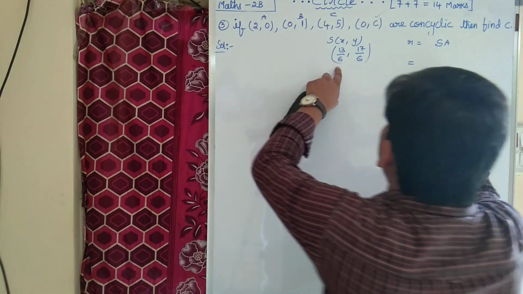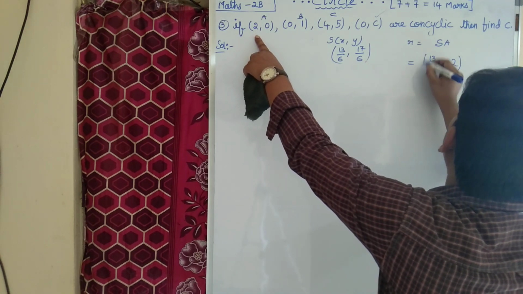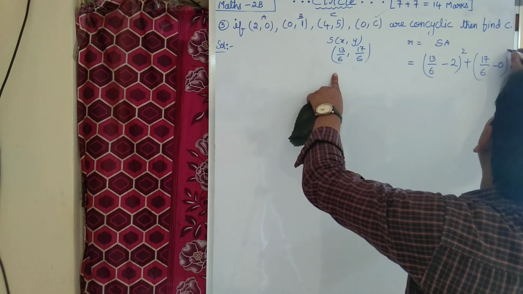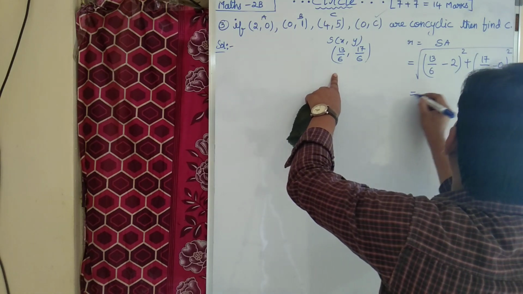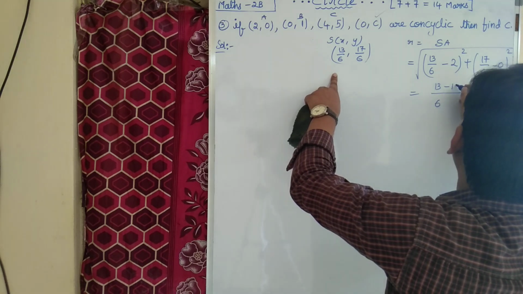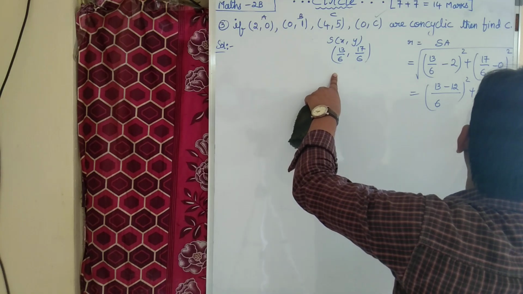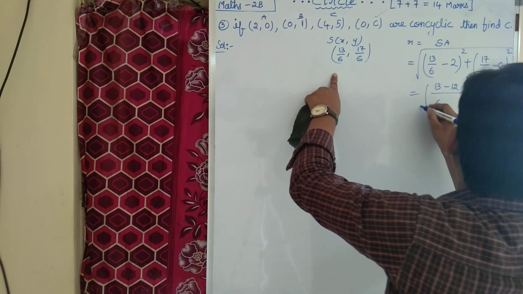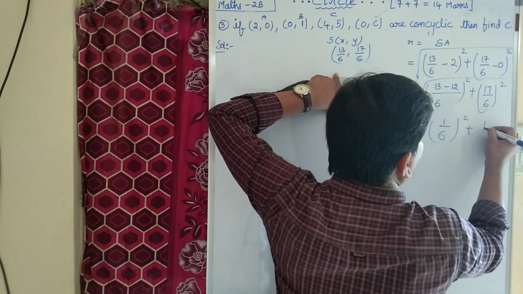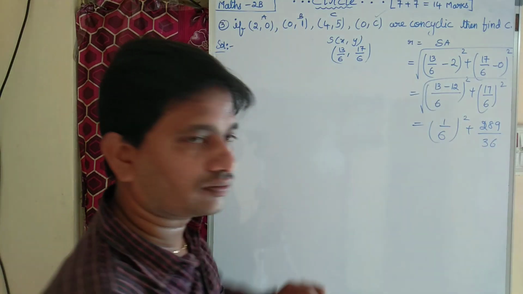Distance between S and A. S value: 13 by 6 minus 2 whole square plus 17 by 6 minus 0 whole square. So LCM is 6, 13 minus 12 whole square, 17 by 6 whole square. 13 minus 12 is 1 by 6 whole square, 17 square is 289 by 36.